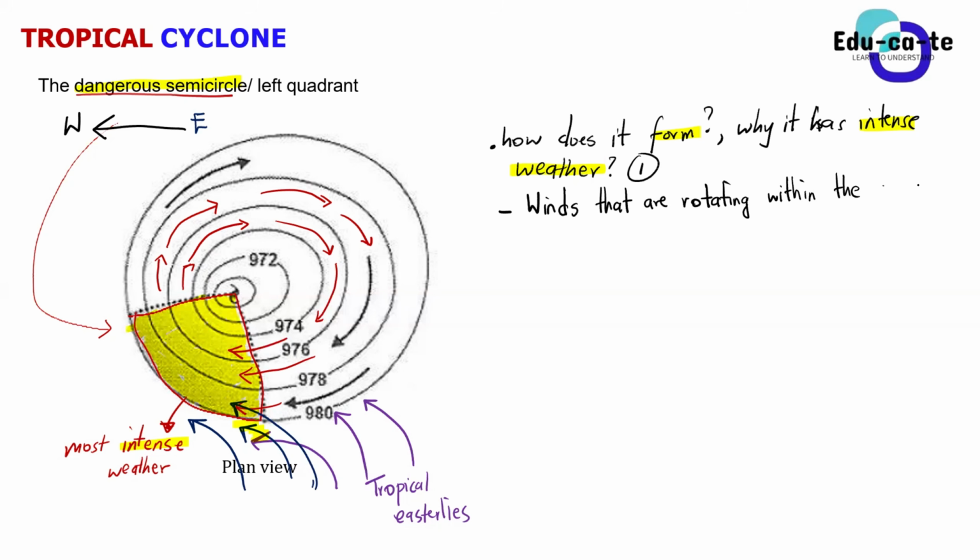So these winds that are rotating within the cyclone, what do they do? They actually meet with the winds that are driving the cyclone, or you can say that they collide. They collide with the tropical easterlies, or you can just say they collide with the winds driving the cyclone.